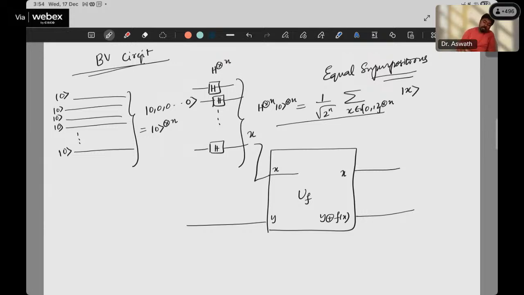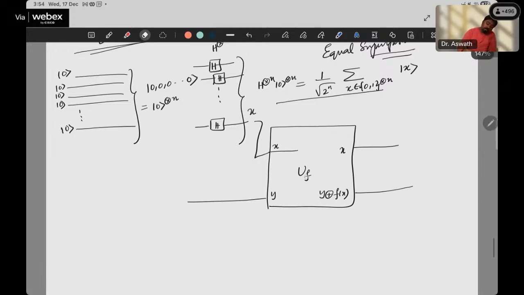Let me change that. It's an oracle function now, O_f. What it is going to do is add (-1) to the power of a dot x multiplication to the entire function.